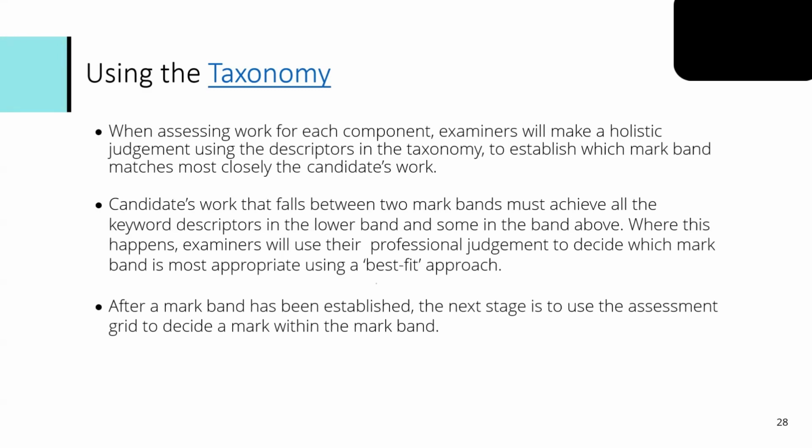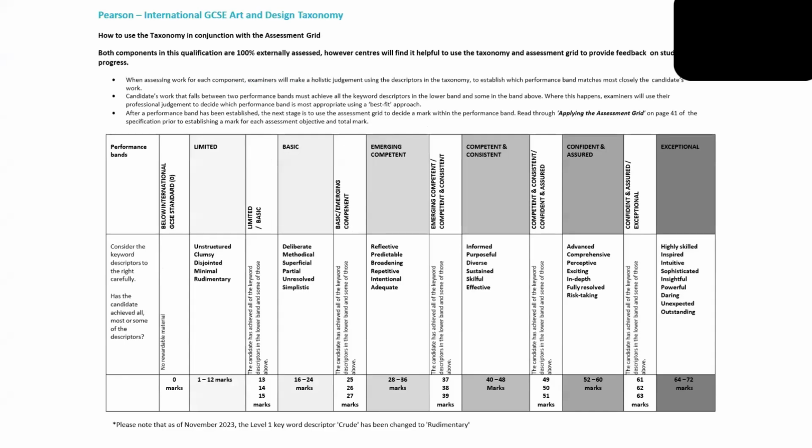After a mark band has been established, the next stage is to use the assessment grid to decide a mark within that mark band. Please note the link to the taxonomy in the slide. After looking at the visual characteristics of the work holistically, a mark band is decided using the descriptors in the taxonomy that best exemplify the work.